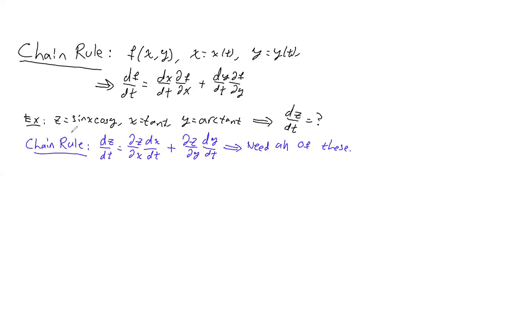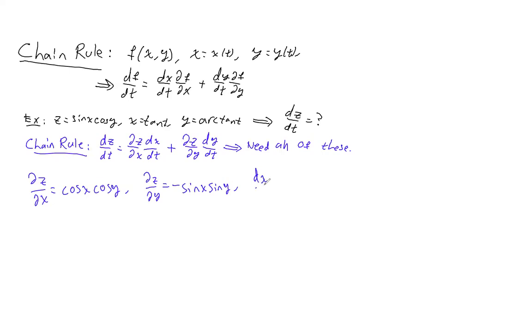So ∂z/∂x, we can see that that's going to be cosine x cosine y. ∂z/∂y, meanwhile, is going to be negative sine x sine y.